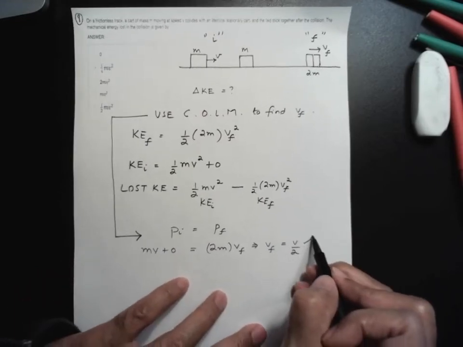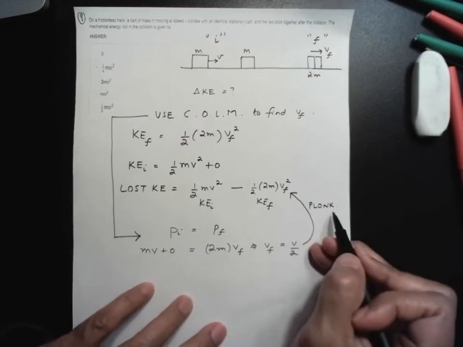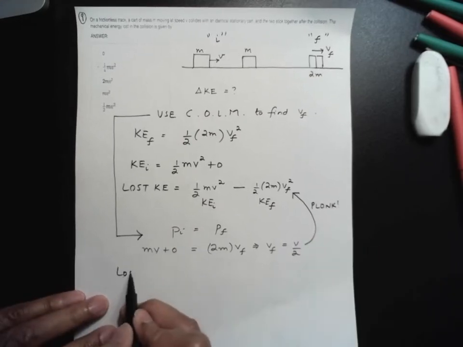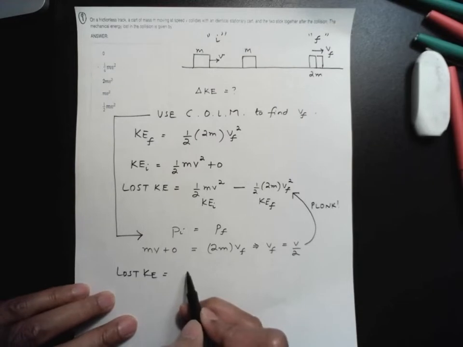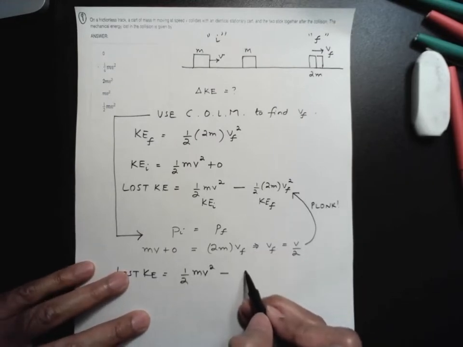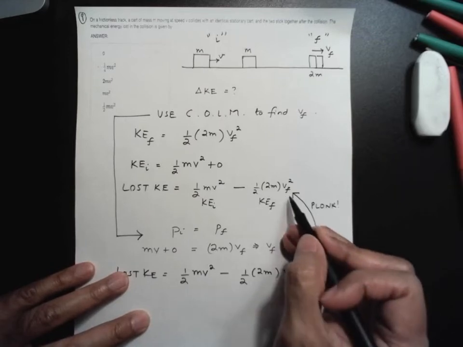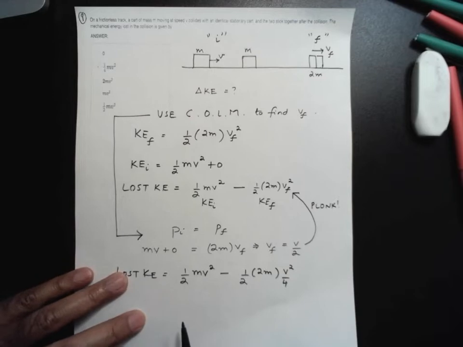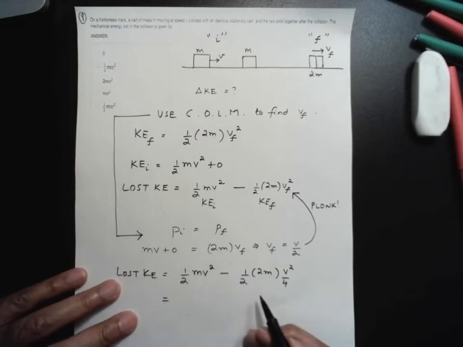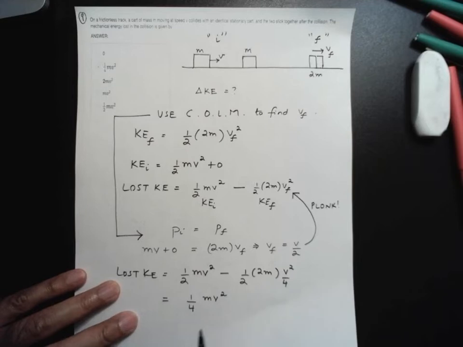So we take this and plug it in there. And so we find that the lost KE is equal to 1/2 mv squared minus 1/2 2m, and we have a v over 2 squared, so that's v squared over 4. Then you can simplify this, and what you will get is 1/4 mv squared.